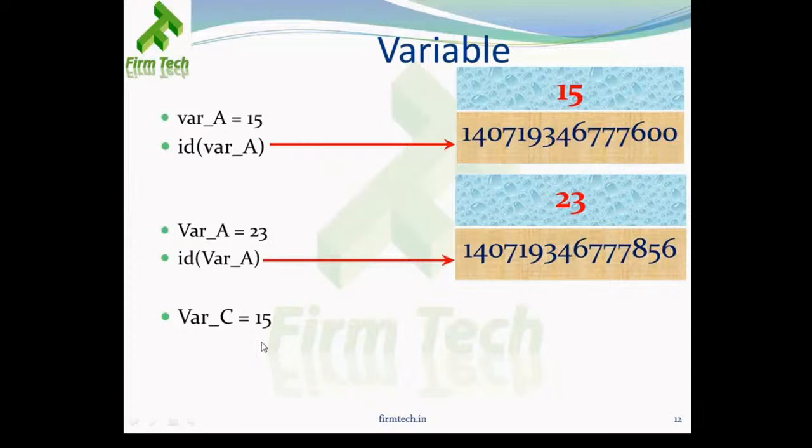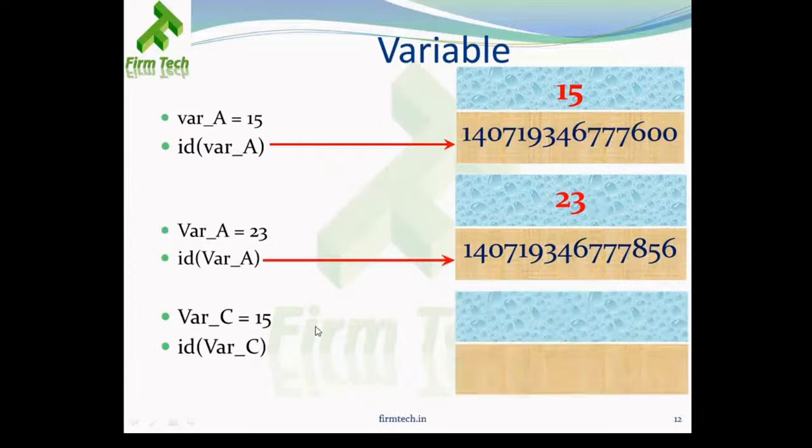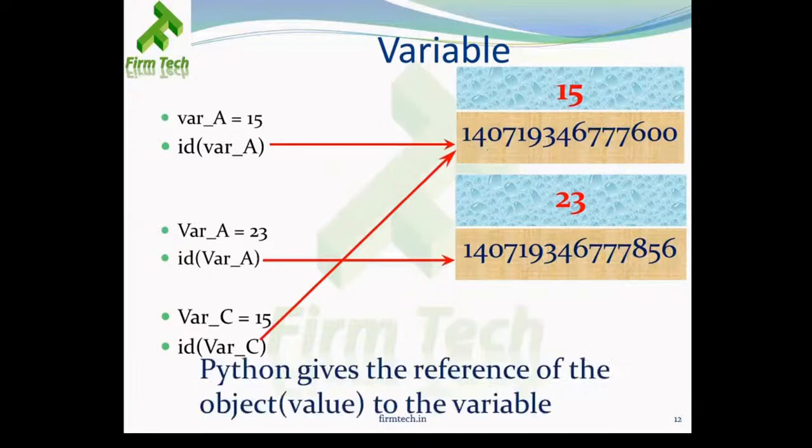Now what happens is, in Python, if you go and see the id of var_c, it will be assigned with the id of this 15. That is, it will be pointing to this memory location. So we will be demonstrating all these things using a program.